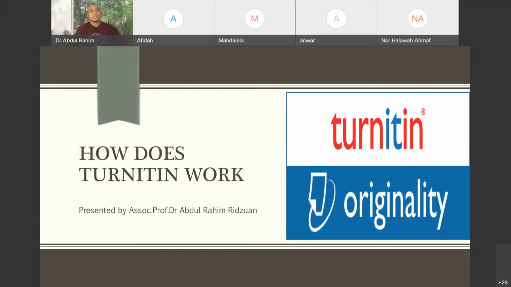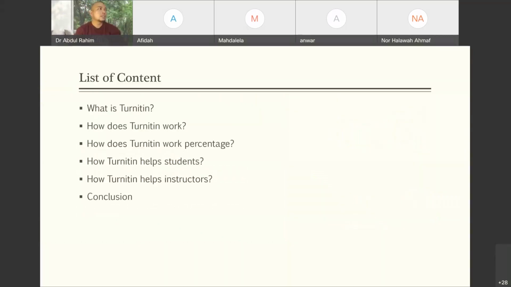Now these are the slides, Turnitin originality. This is the list of content that I wish to share with all of you today, and then we'll go for the technical parts of this sharing session. The first is what is Turnitin. Maybe some of you are still new, maybe students who just joined the university, and want to learn what Turnitin is about.